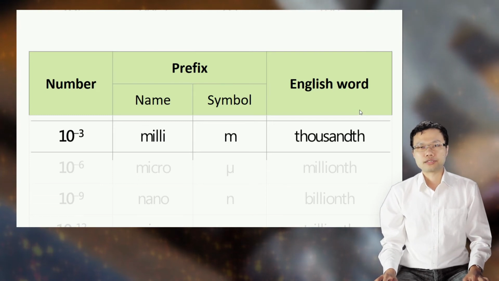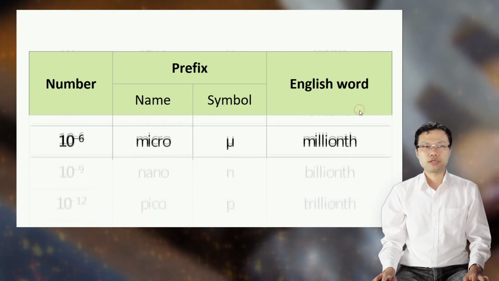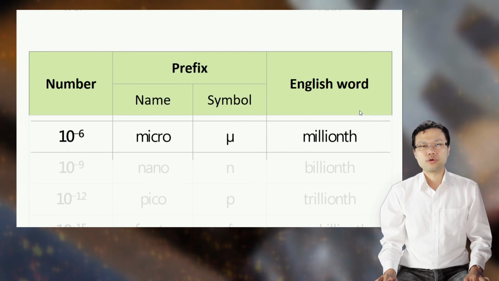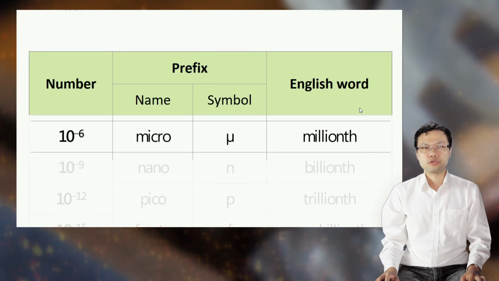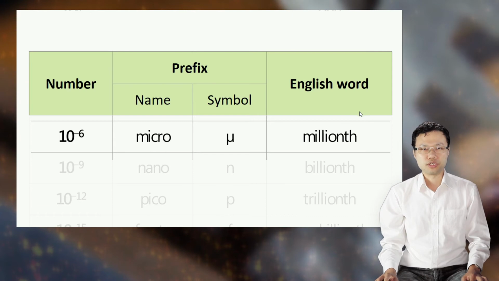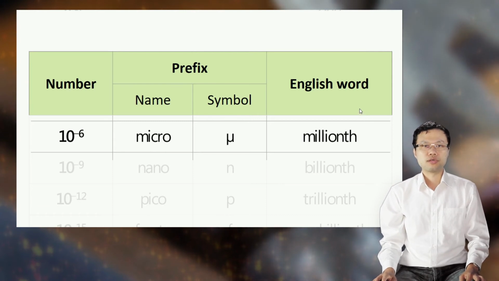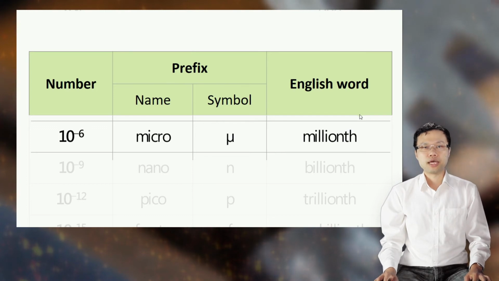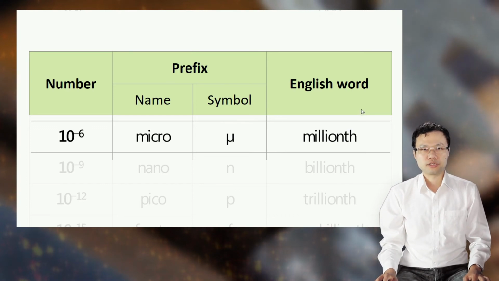The numbers as small as 10 to the power of minus 6 is called micro. The abbreviation is the Greek letter mu. For 10 to the power of minus 6 to 10 to the power of minus 4, the numbers are counted by units of micro, such as the pollutant particulate matter PM2.5 size, 2.5 micrometers.